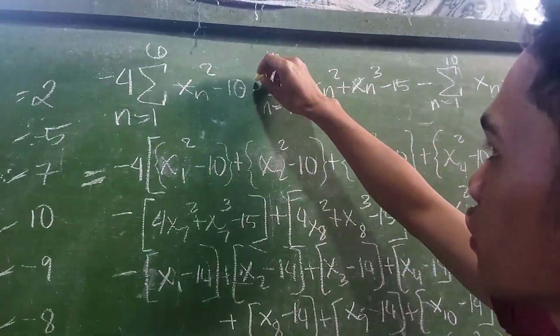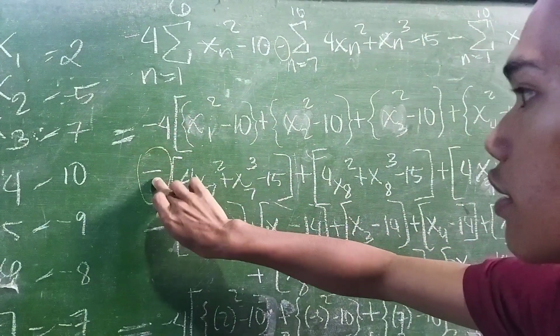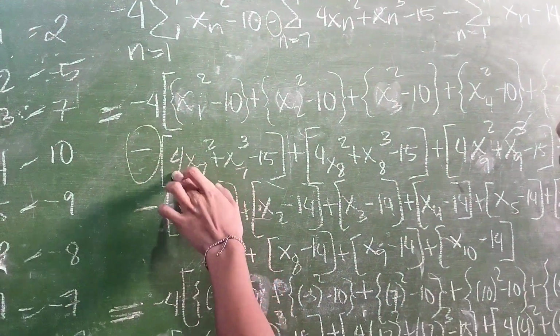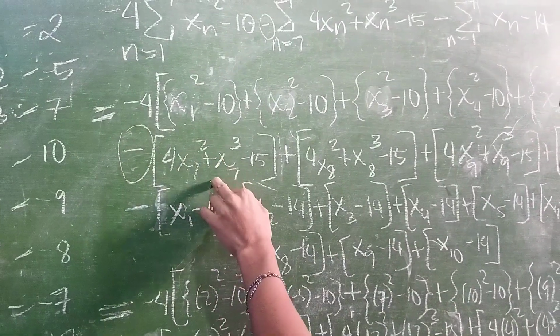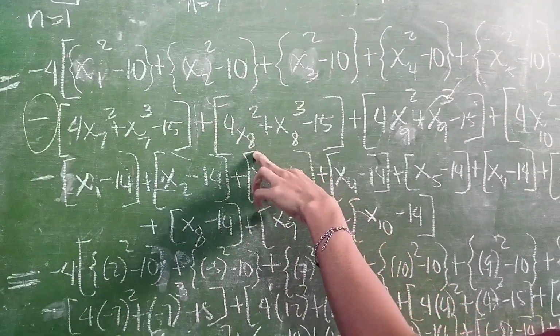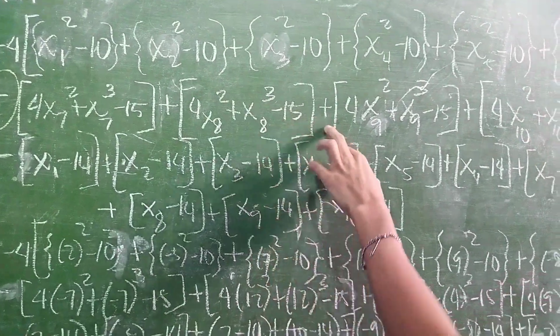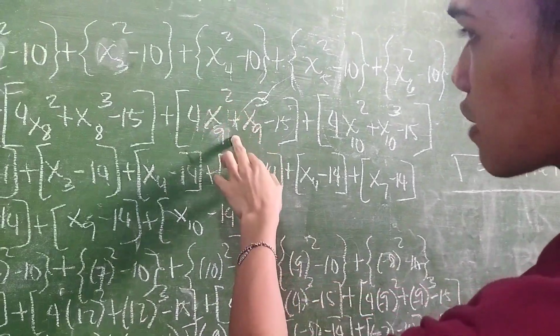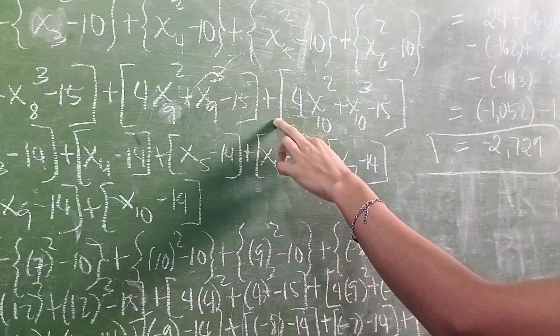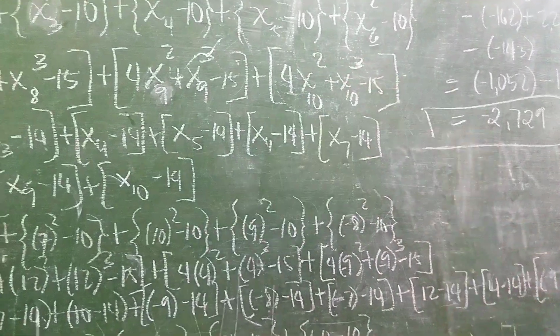Since the operation here is negative, a deduction, we will copy it like here. So 4x sub 7 squared plus x sub 7 cubed minus 15 plus 4x sub 8 squared plus x sub 8 cubed minus 15 plus 4x sub 9 squared plus x sub 9 cubed minus 15 plus 4x sub 10 squared plus x sub 10 cubed minus 15.